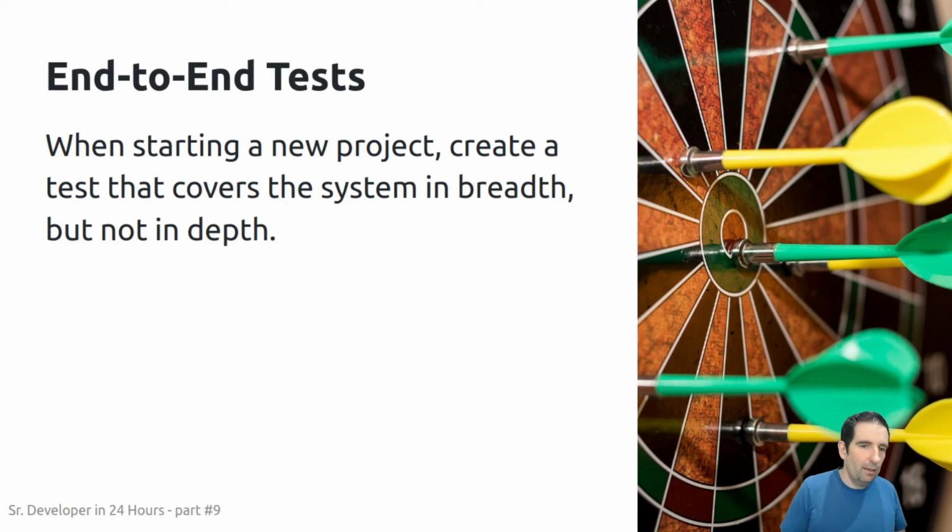But in the beginning, writing one end-to-end test that covers as much of the system as possible is going to give you a lot of value in validating the architecture that you've designed.